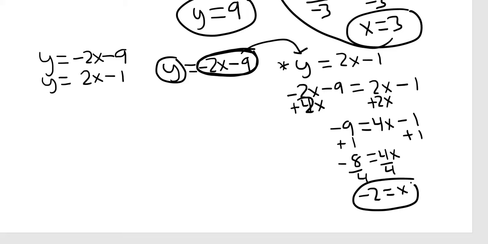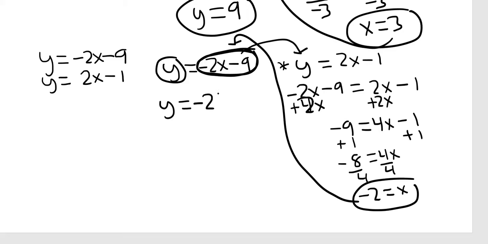Now, once we know what the x is, we can go back to our first equation to figure out what our y is. Because we know that y is equal to negative 2 times whatever the x is minus 9. And we now know that x equals negative 2, so we can make a substitution in our first equation and solve for the y.